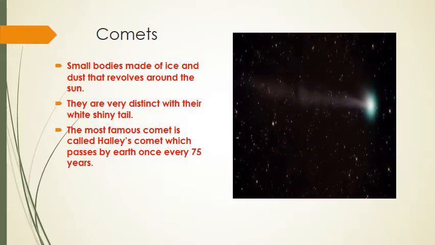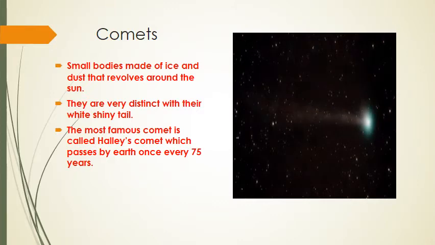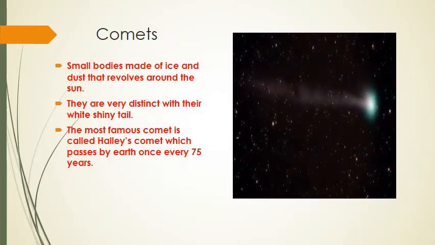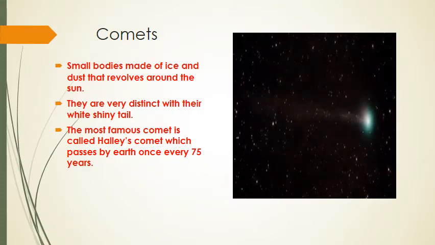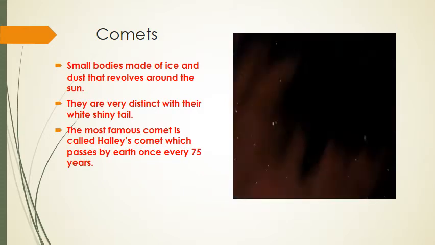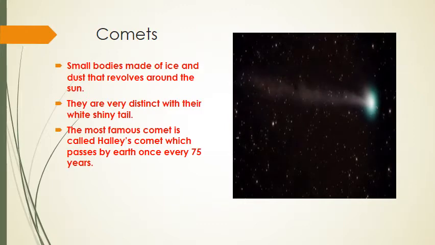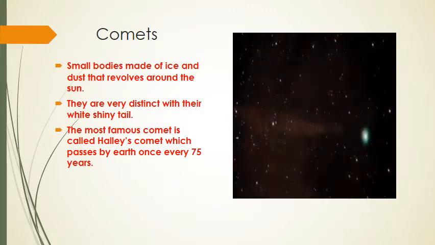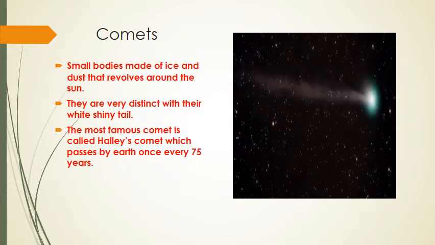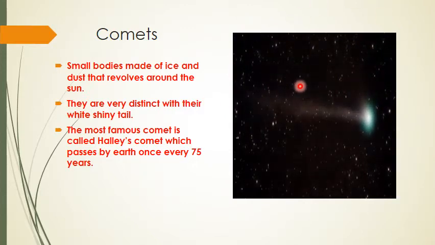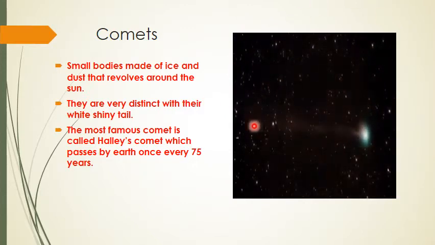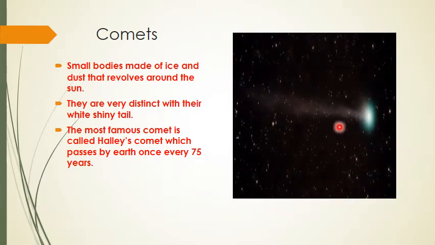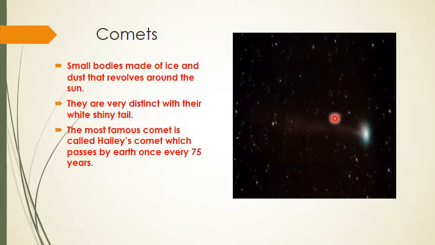Now, the comets are other types of bodies that you will find orbiting the sun. They are also smaller bodies than the planets, and they are mainly made of ice and dust. They are very well known by their white, shiny tail, and this tail is made of ice particles and dust.